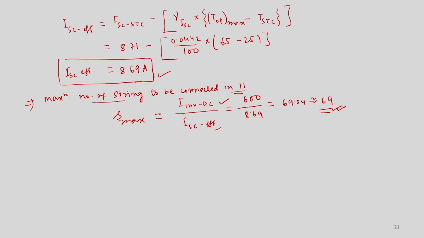Now we have to match it. We now know the minimum number of modules to be connected in series, the maximum number of modules to be connected in series, and also the maximum number of strings to be connected in parallel. Let us now see the different possible arrangements of the module array.